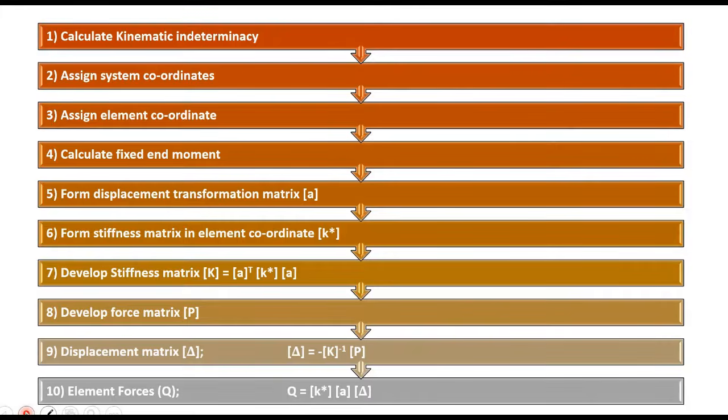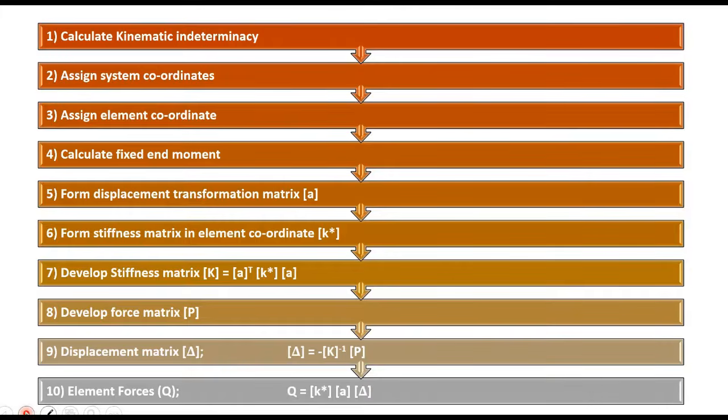There are 10 steps to analyze a frame structure by using stiffness method, and the first step is to calculate kinematic indeterminacy. Then we will assign system coordinates according to the degrees of freedom, and element coordinates will be assigned in the third step for each element of the frame. After that, we have to calculate the fixed end moments, and then we will form a displacement transformation matrix.